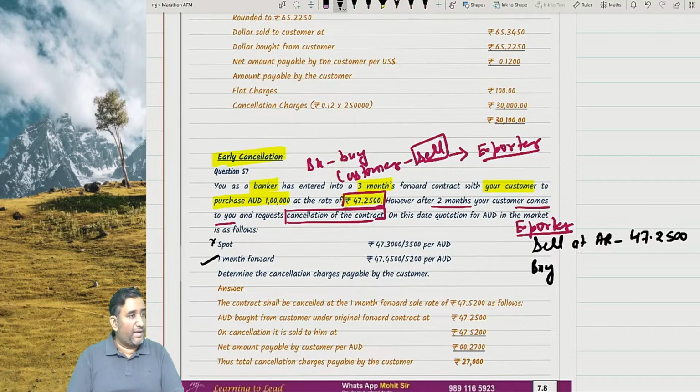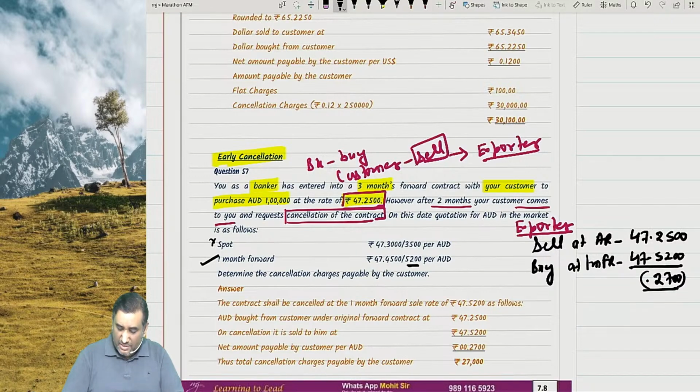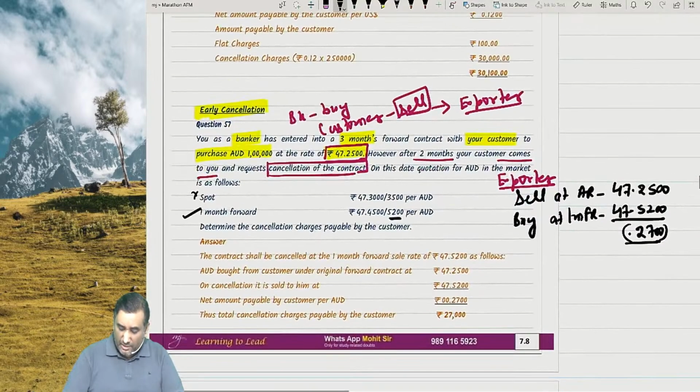Since the customer would be buying, the bank would be selling, so what rate will apply? The ask rate. So it's buy at the 1 month forward rate, since it's 1 month before due date, at 47.5200. So it's a loss of 27 paisa to the customer, into 1 lakh would be 27,000. Check once.